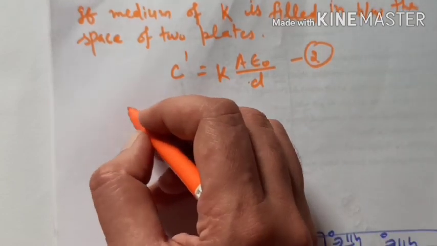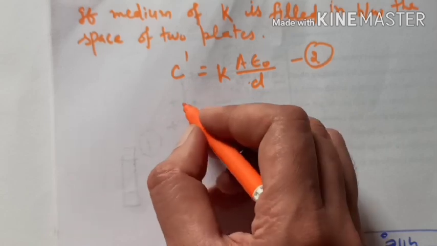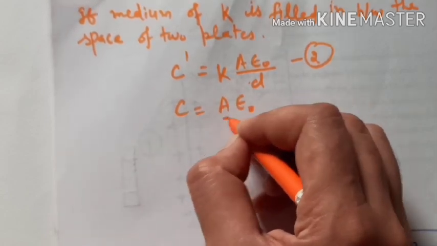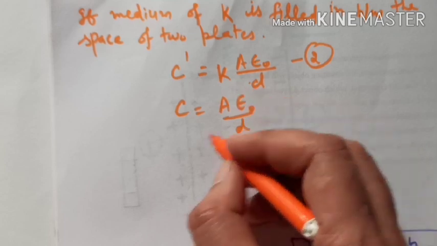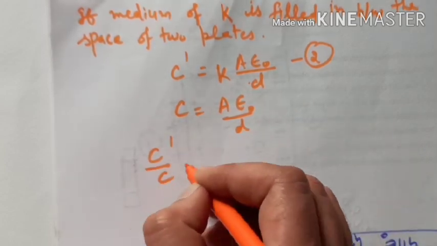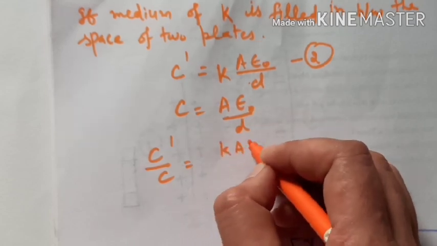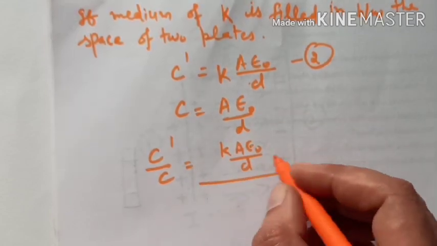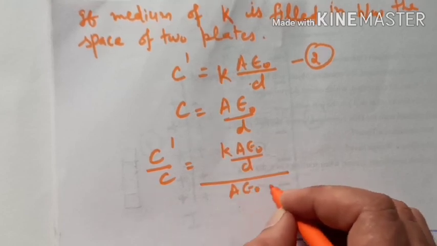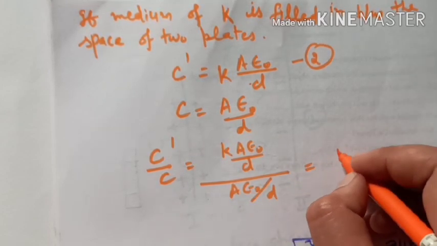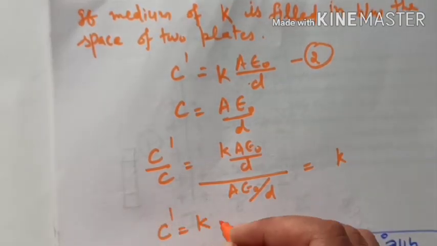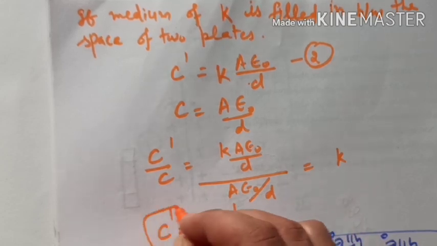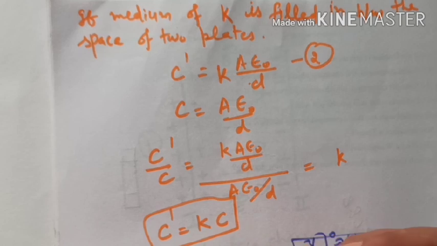From the previous formula, C is equal to A epsilon naught by D, this is the capacity of the capacitor when the medium between two plates is air. So compare these two equations. C dash by C is equal to K A epsilon naught over D whole over A epsilon naught over D, so we are left with K. From this formula, C dash is equal to K C. So this is the new capacitance.